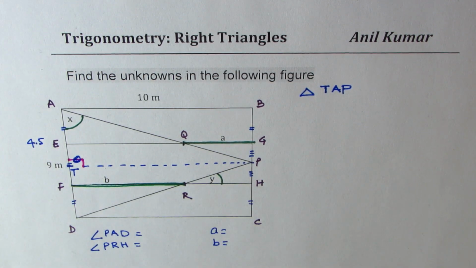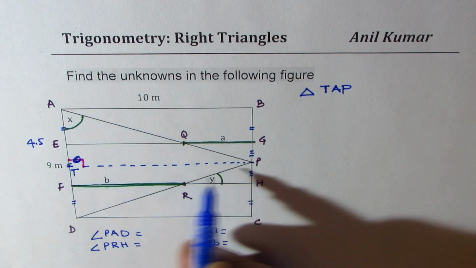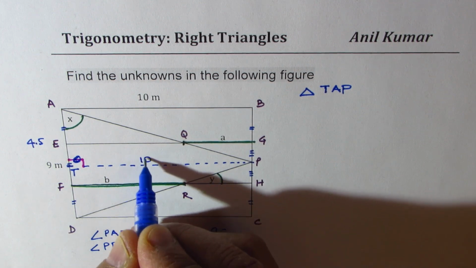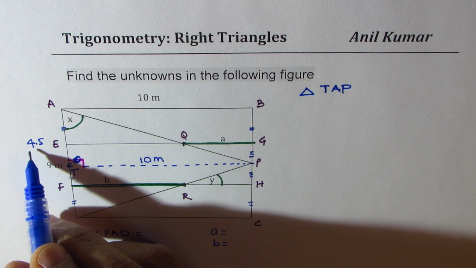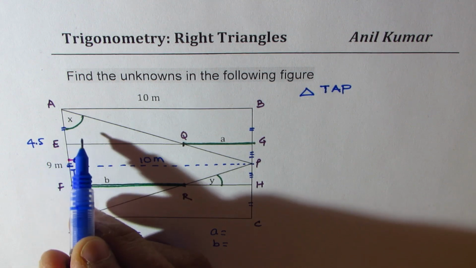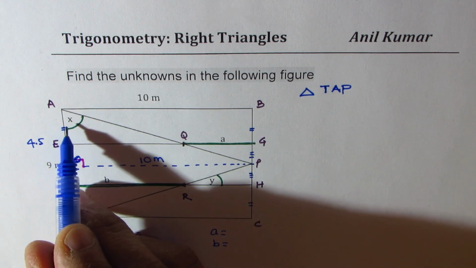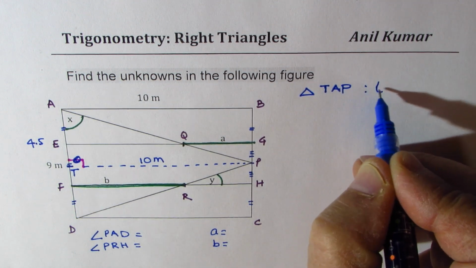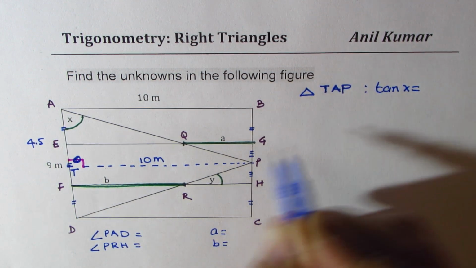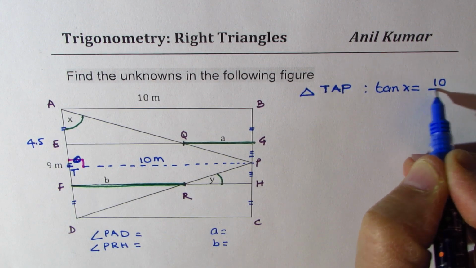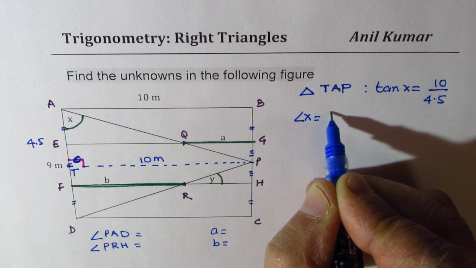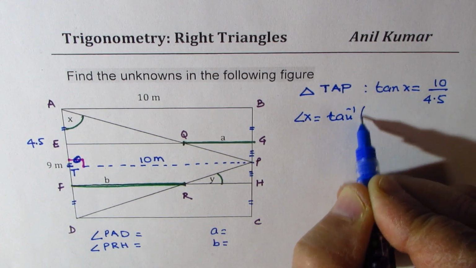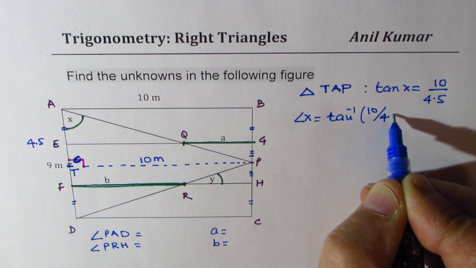Now in this particular triangle, you can see that the side TP is 10 meters, and A to T is 4.5. So opposite over adjacent gives you tan x. So we can write that tan of x is equal to 10 over 4.5, or angle x is equal to tan inverse of 10 divided by 4.5.